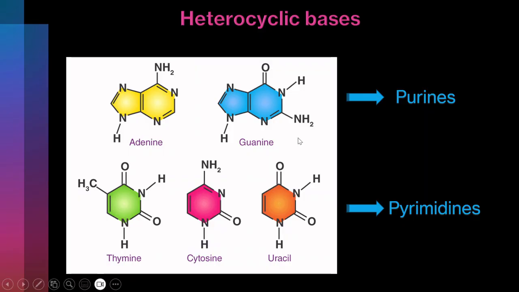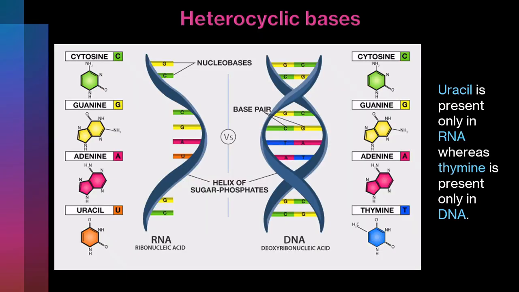Okay, so there are two purine bases, adenine and guanine. There are three pyrimidine bases, uracil, cytosine and thymine. So these are the heterocyclic nitrogenous bases present in the nucleic acid. Now, coming to the RNA and DNA.